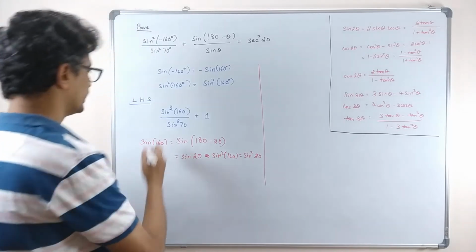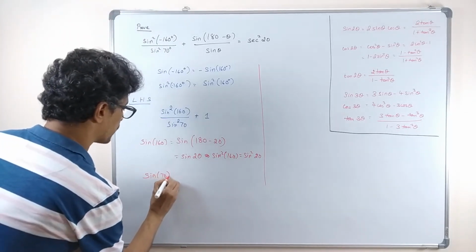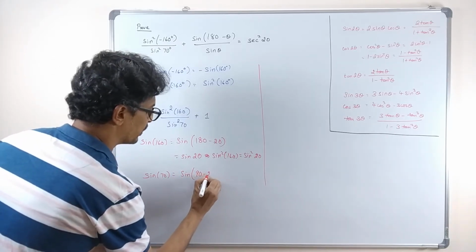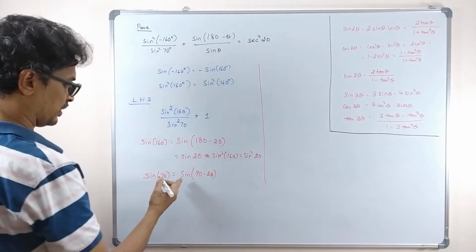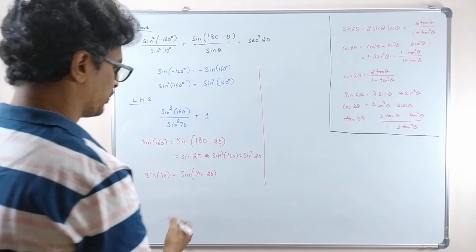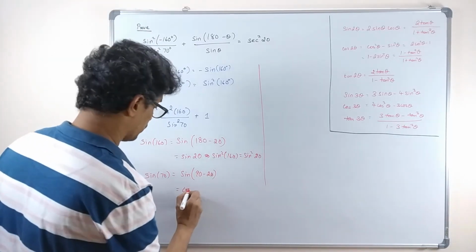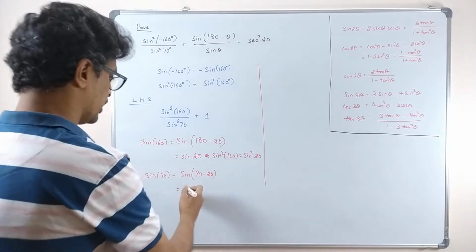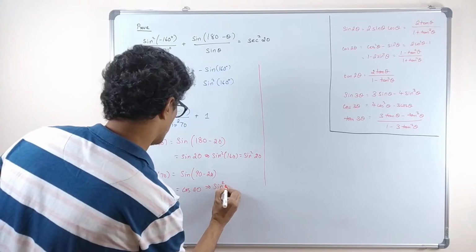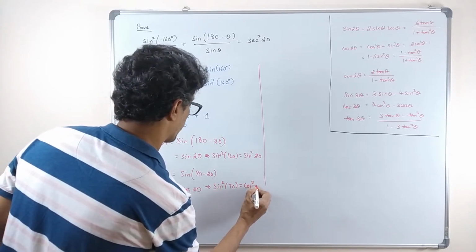And then sine of 70, let us write sine of 70 as sine of 90 minus 20. Correct? So what is sine of 90 minus 20? It becomes cos 20. This is the first quadrant, all are positive. 90 minus always changes sine to cos. So therefore sine square of 70 equals cos square of 20.